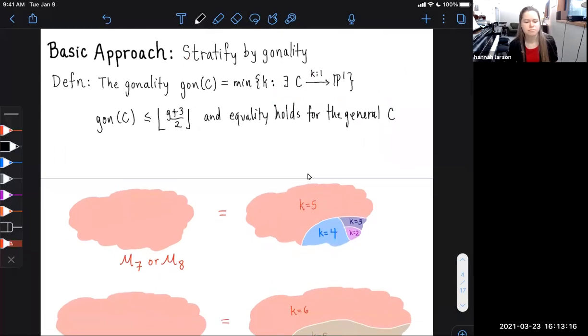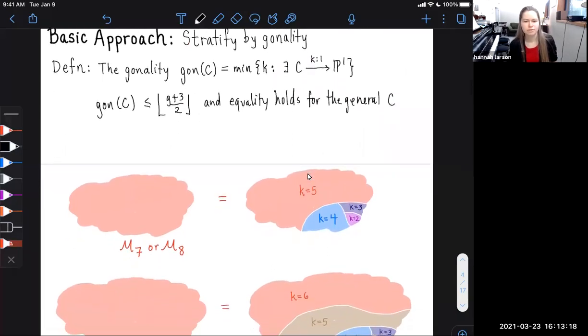So here's my picture of M7 or M8. The gonality goes all the way up to 5, and the general curve has gonality 5. And I'll list here also in genus 8 the codimensions of the curves of special gonality.